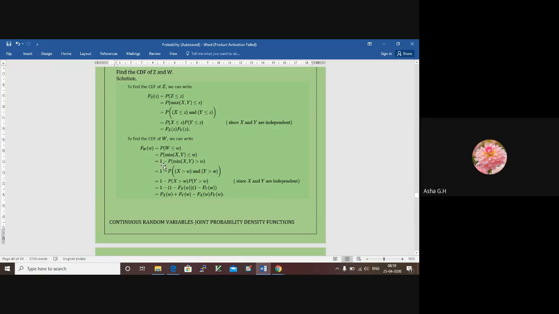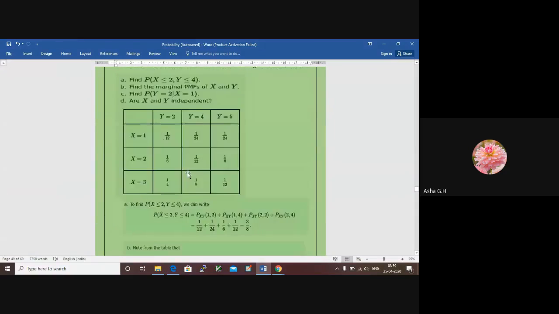Now this can be written as 1 minus the probability of the minimum being greater than w. For the minimum function it should be an and here, because we are writing 1 minus the probability of x greater than w and y greater than w. We will go up again here.